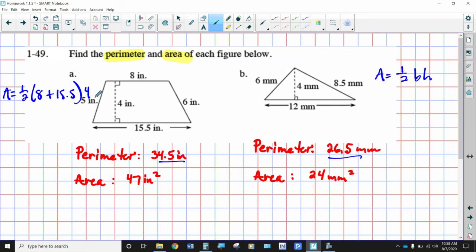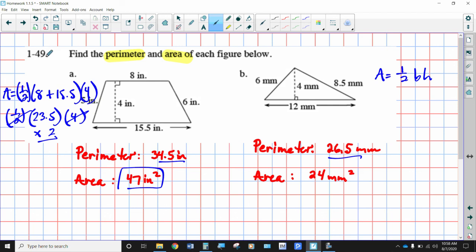And one of the things I like about writing it this way, where the 1/2 is being multiplied times this quantity, which is being multiplied times the 4, is that I don't necessarily like taking half of what would that be, 23.5. I don't want to take half of that. So I'm going to use commutative property, and I'm going to take half of 4. Half of 4 is 2. So this is going to be 2 times 23.5, which is how you get your 47.